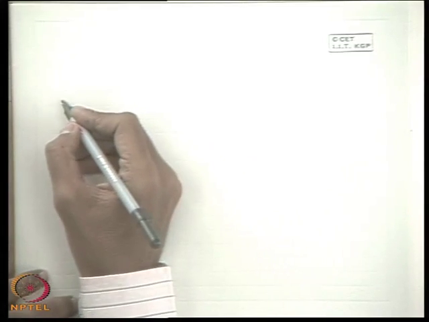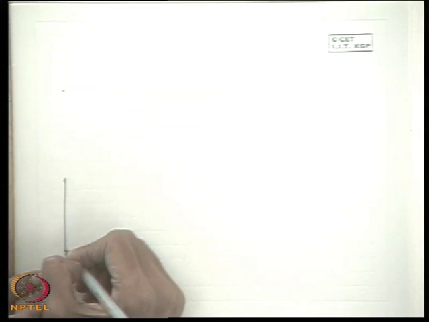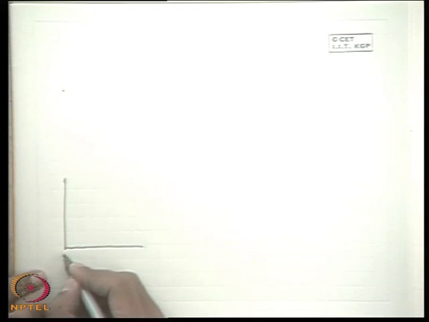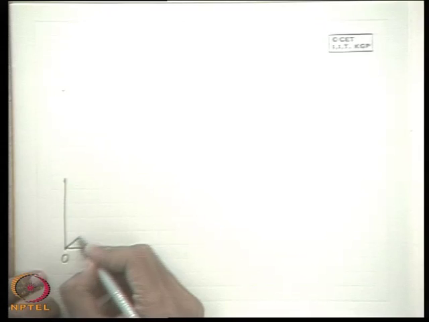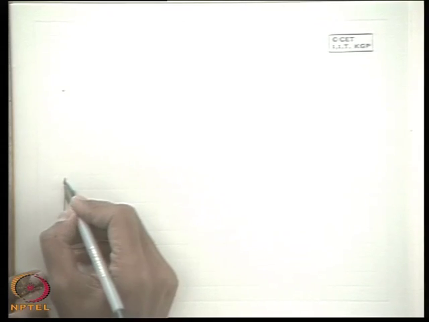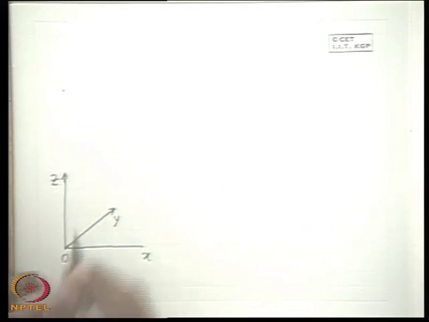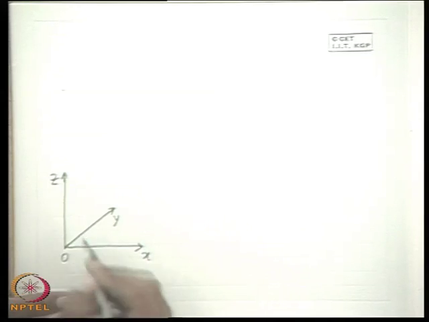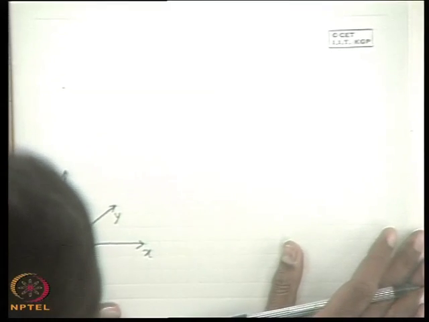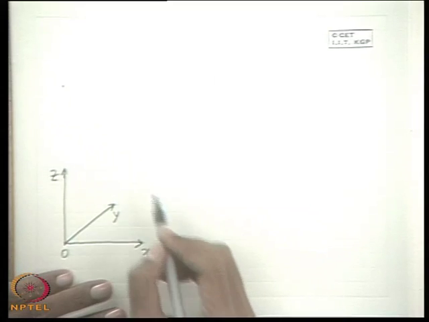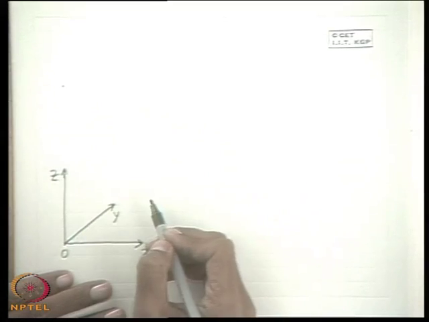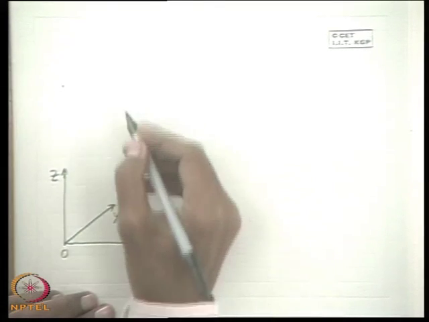Now let us consider an XYZ coordinate axis. I have given x in this direction. Let us consider this as y and this as z. Now, with respect to any frame of reference, if we like to define the continuity equation, that is conservation of mass applied to a control volume, the first step is that you define a control volume whose planes are parallel to the coordinate planes.